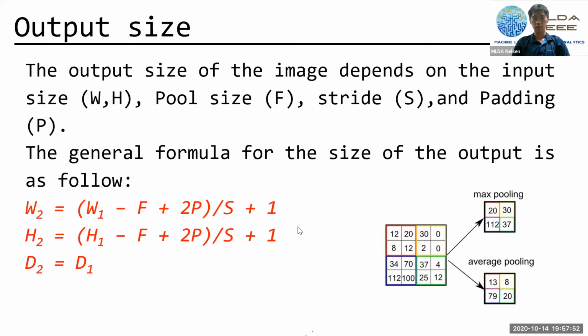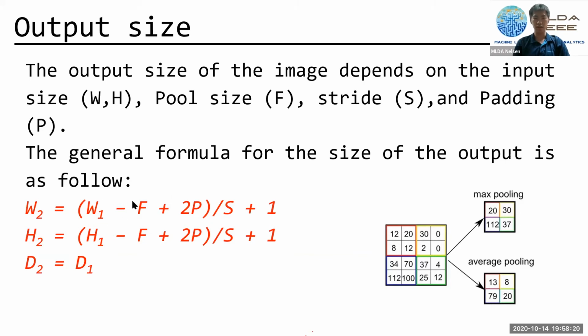So when you do convolution or max pooling, the size will be reduced to W2. So if you put any number here, if your padding can cancel out the number of stride and the size of the pool or the size of the filter, then you can actually get the same size as the input.